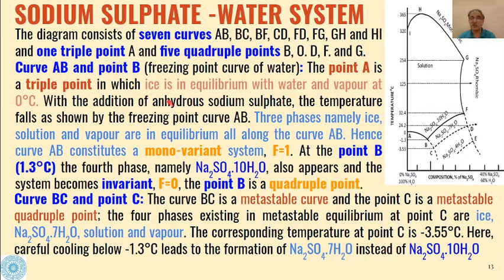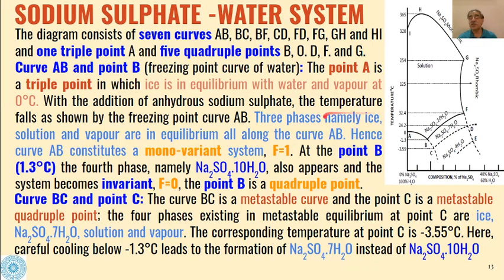The addition of anhydrous sodium sulfate takes place as we move from A to B, and the temperature is reduced from 0 to minus 1.3. The three phases in equilibrium along this curve from A to B are ice, solution and vapor.